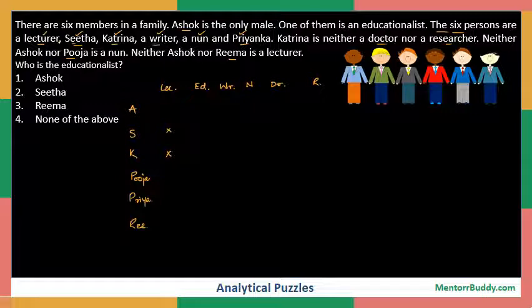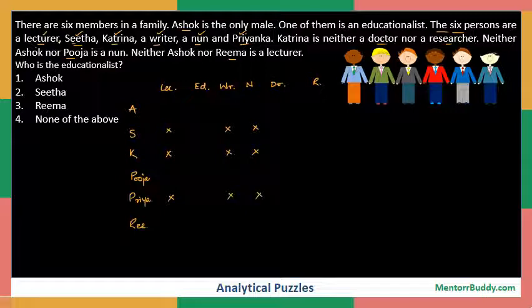Also, they cannot be a writer and cannot be a nun, which is again given along with a comma. Also, the same is true about Priyanka, because Priyanka cannot be a lecturer, a writer, and thus cannot be a nun as well.